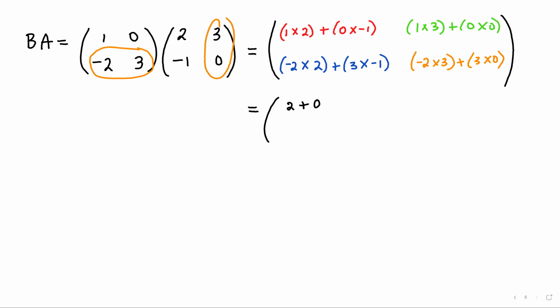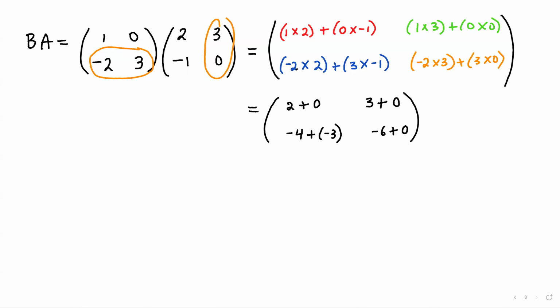Then 1 times 3 is 3 plus 0 times 0, which is 0. Negative 2 times 2 is negative 4 plus 3 times negative 1, which is negative 3. And then finally, negative 2 times 3 is negative 6 plus 3 times 0, which is 0, right?